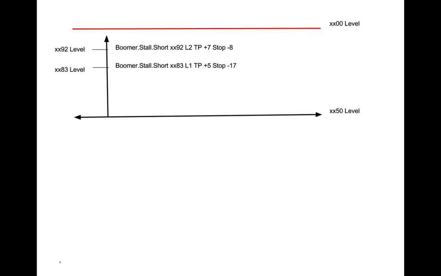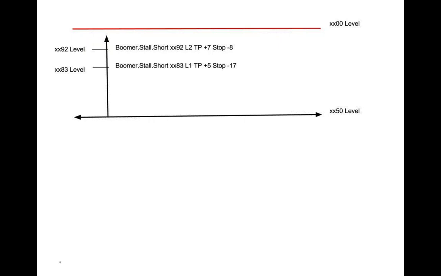Okay. Now it gets very interesting on a post-news basis, because on a post-news basis, there's actually quite a lot of opportunity to what I would call trade through these levels. Let me give you an idea.